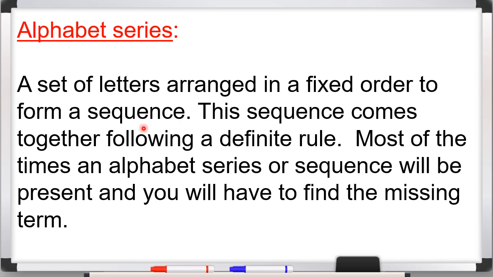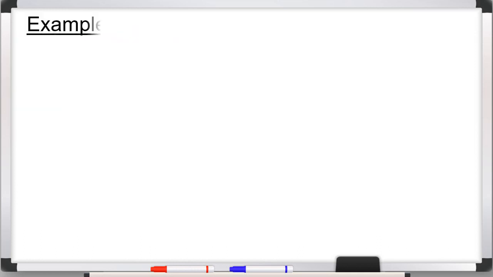Clear beta? In alphabet series, sequence is given, you have to find the missing term by understanding the pattern of series. Clear? Beta, I will teach you the concept of alphabet series with the help of example.